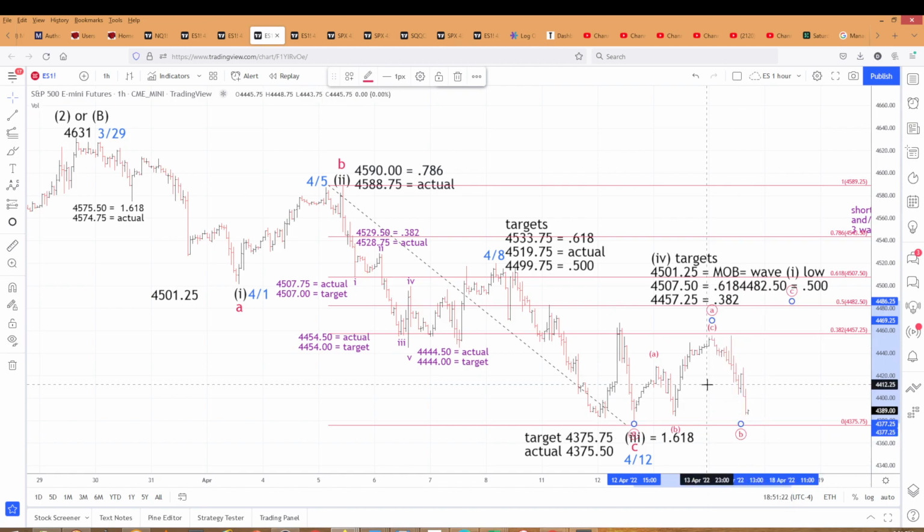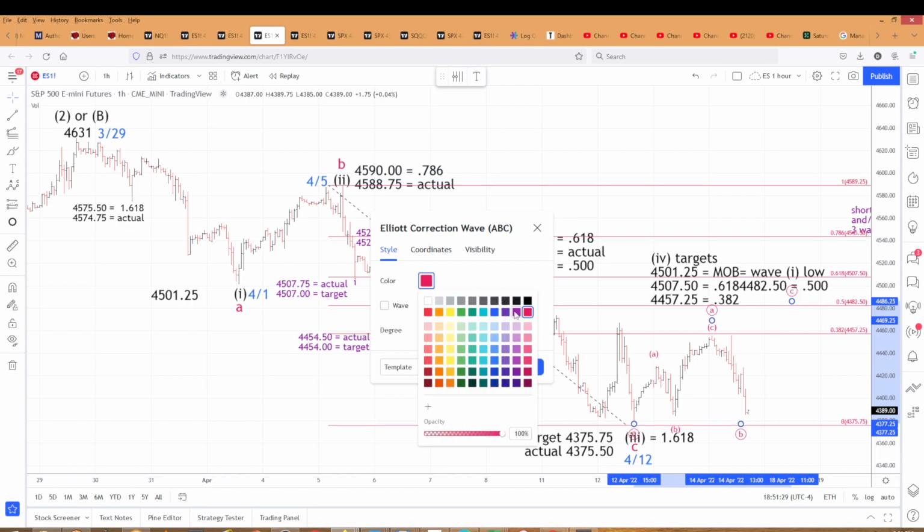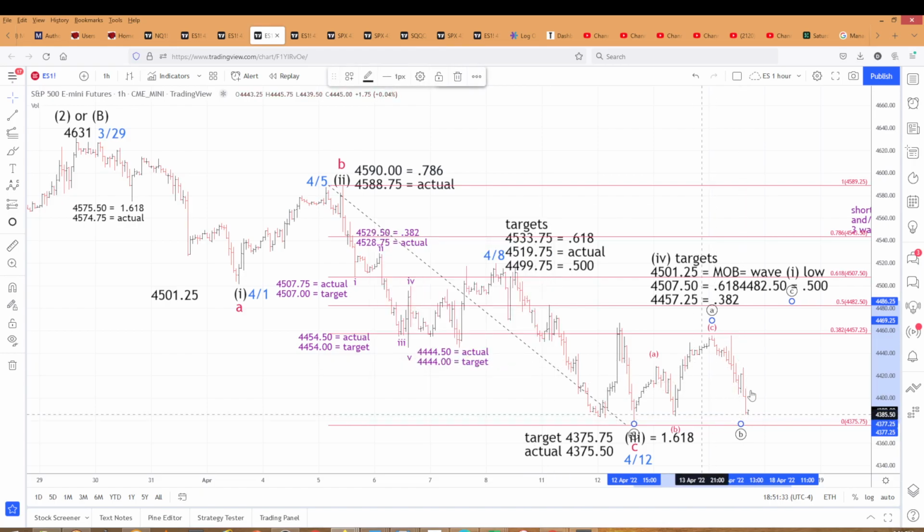Let's contrast it with black. There we go. I don't have that in there, but I do now. I just added it. This whole move here, ABC, could be the larger wave A, this down B, and then C to either this target or this target.